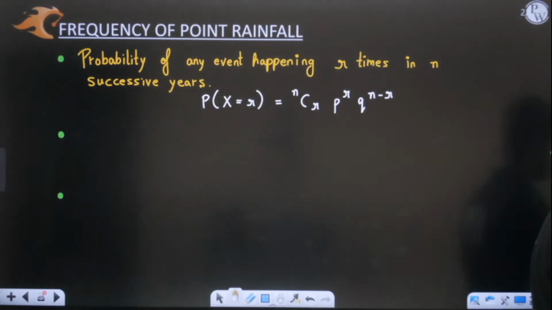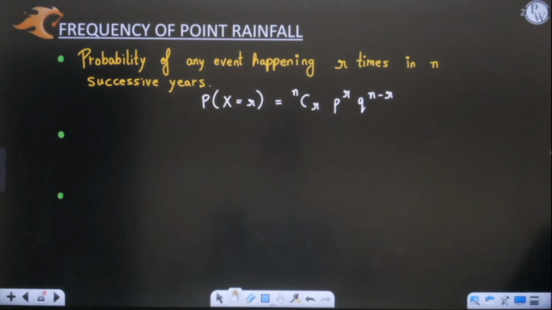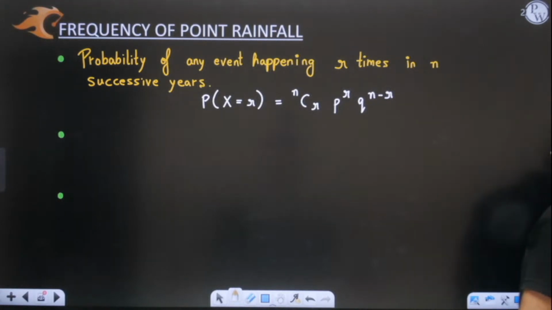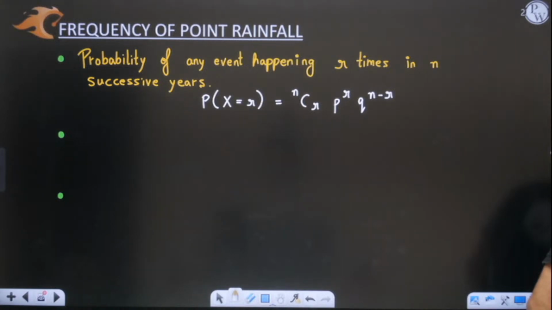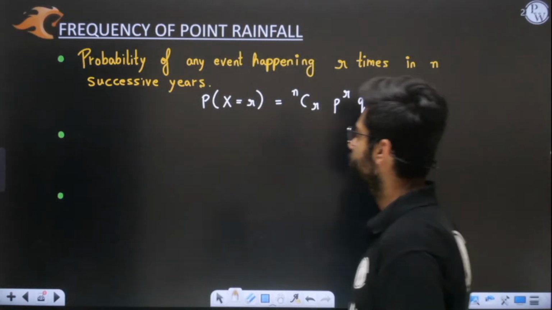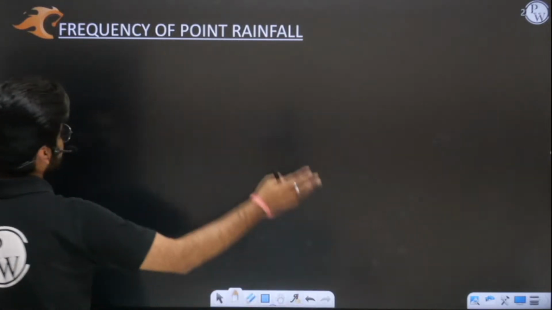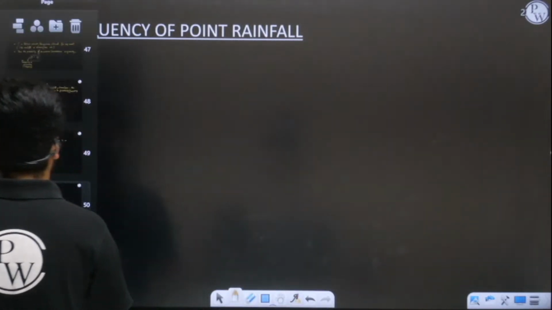So now I'm going to take an example with the help of which you will be able to understand it very clearly. I will take an example in the next slide. We'll take an example, and with the help of this we will understand this entire logic.